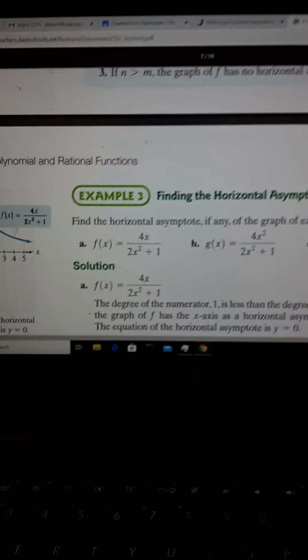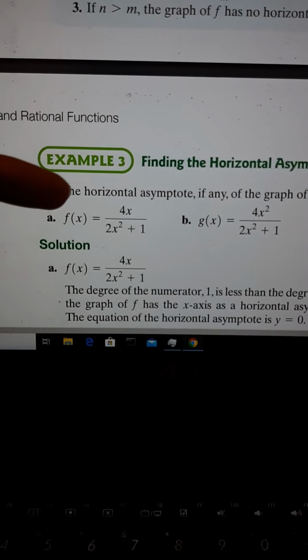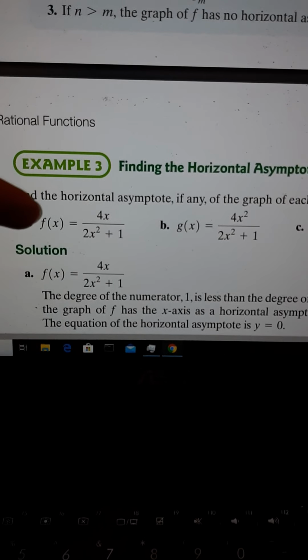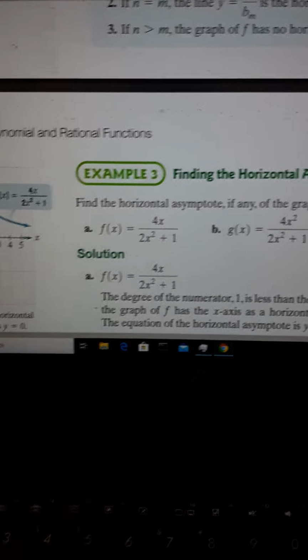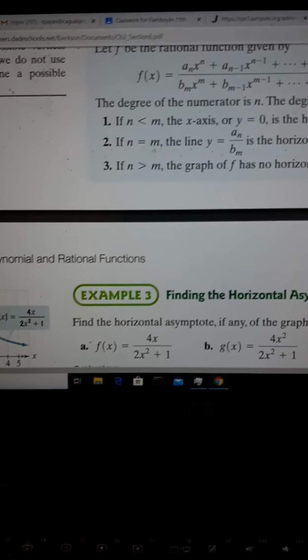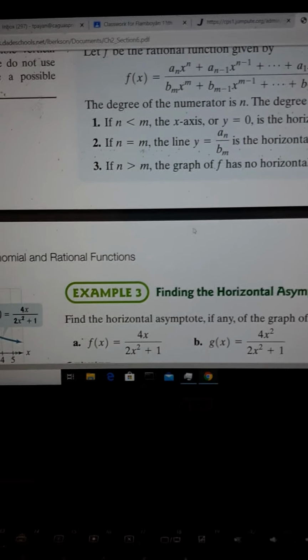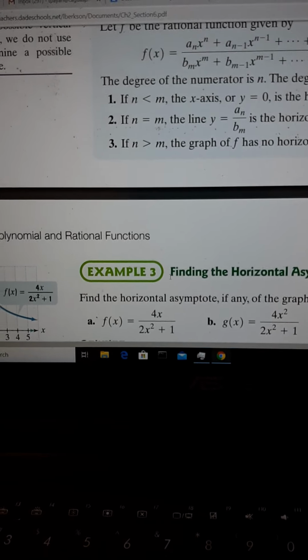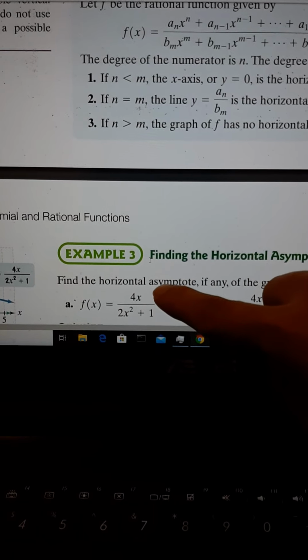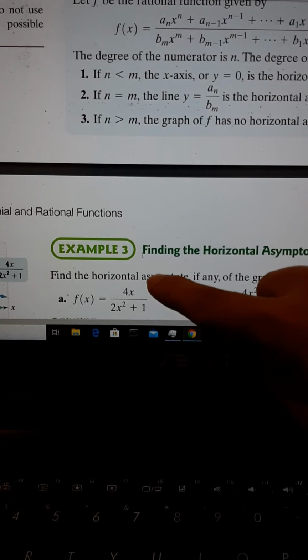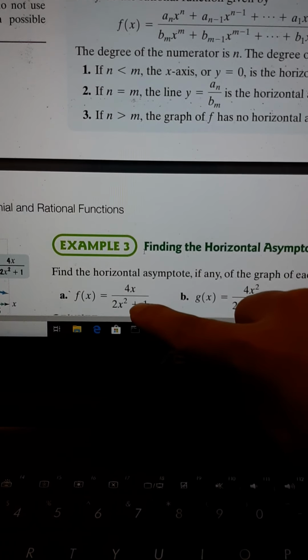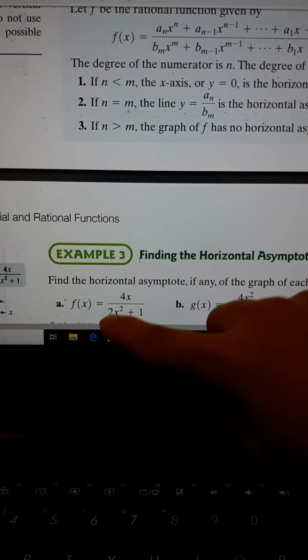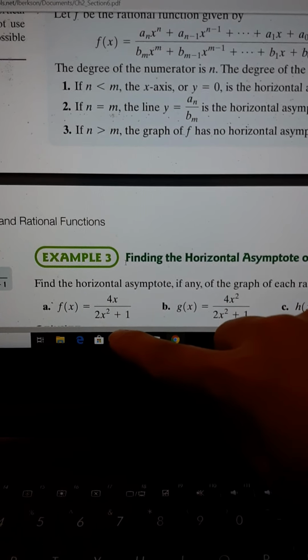Now, let's go through the examples real quick. In the first one, we have f of x is equal to 4x divided by 2x squared plus 1. We go over to the rules, and what is happening here? The numerator has an exponent that is less than the denominator, so the exponent in the denominator is greater.